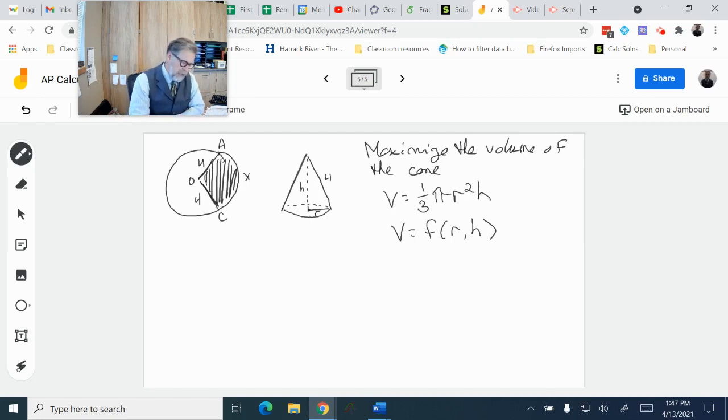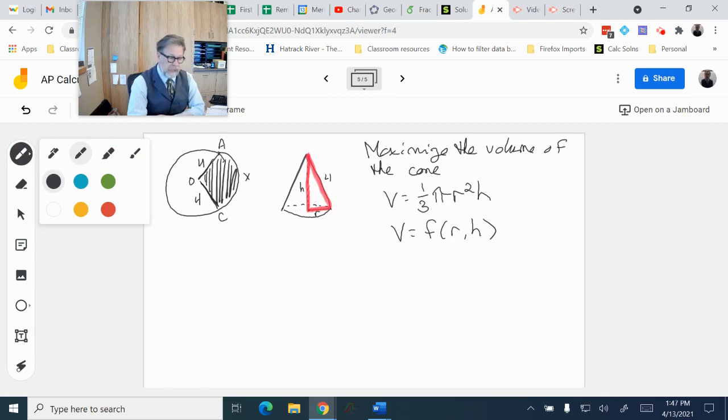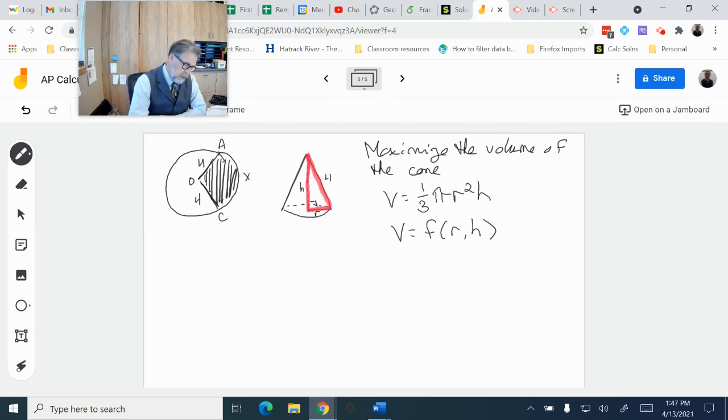So I'm going to go back to the picture of the cone that I've drawn. And this is something that you're going to see fairly commonly: when you're dealing with cones, you can almost always, and when I say almost always, I actually mean always, write the height and the radius using a right triangle.